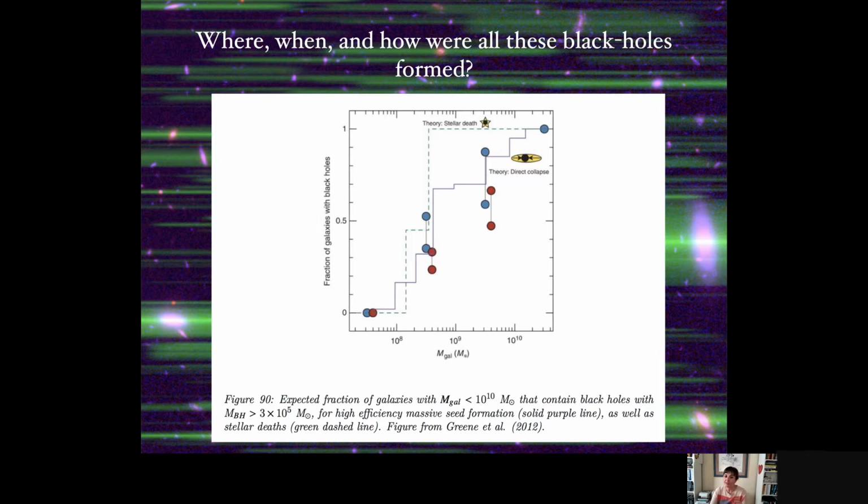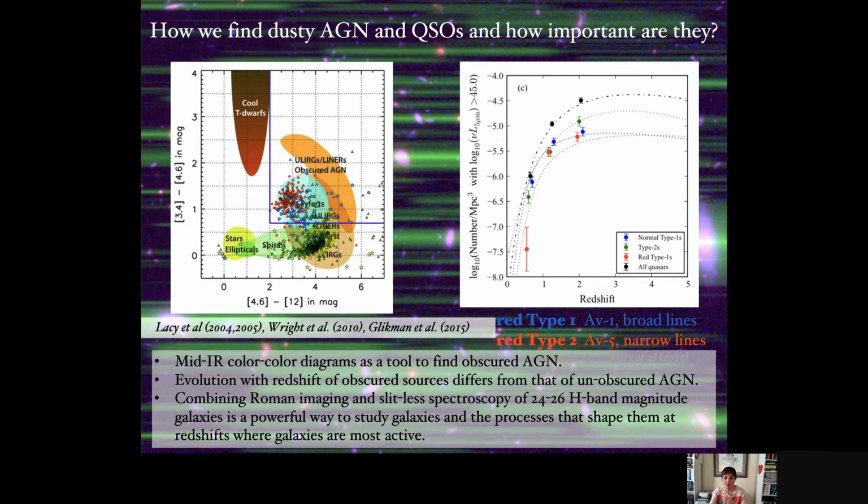So it is important not to systematically miss black holes. So for a long time we were missing obscured AGN, and with the arrival of all-sky mid-infrared surveys, we were able to find obscured AGN that were not easily detectable in optically selected surveys.